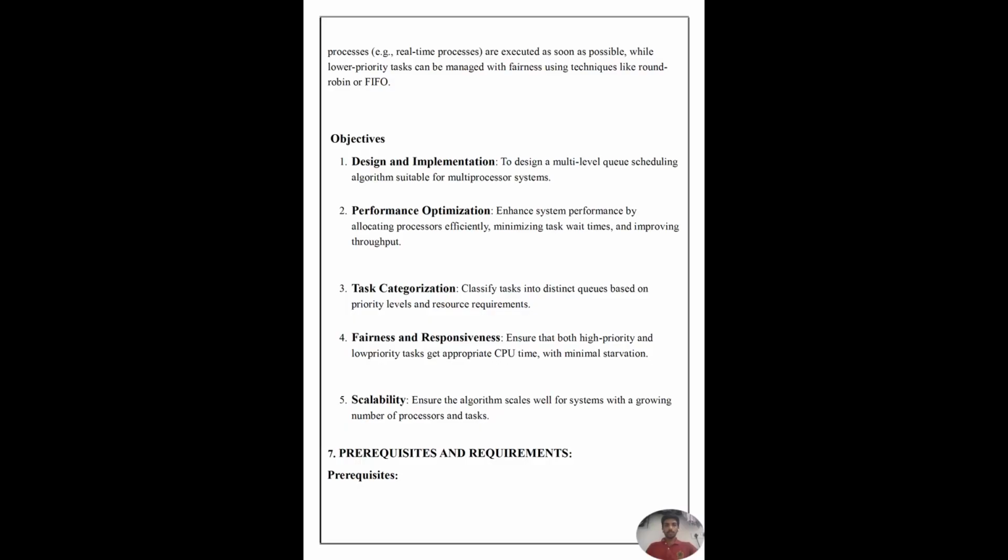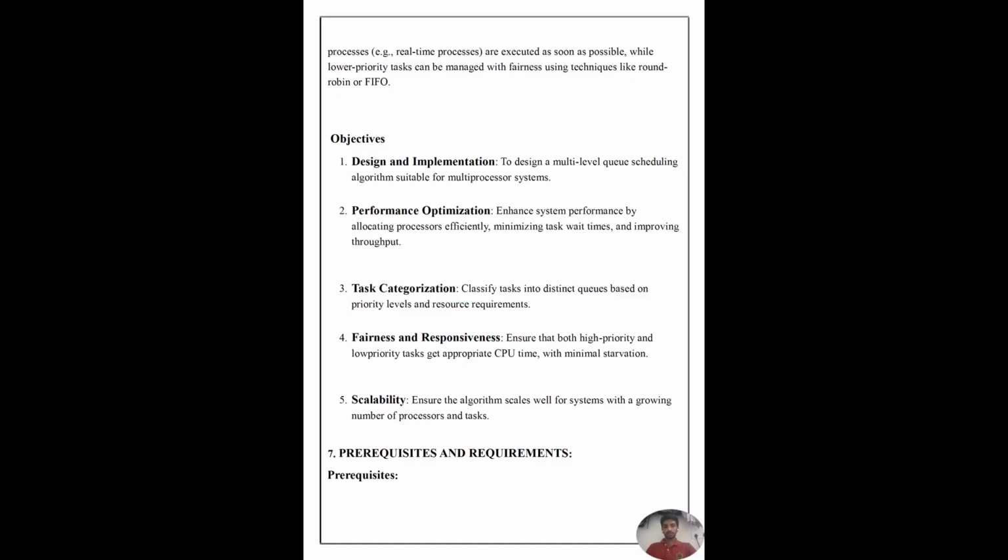Design and implementation: to design a multi-level queue scheduling algorithm suitable for multiprocessor systems. Performance optimization: enhance system performance by allocating processes efficiently, minimizing task wait times, and improving throughput. Task categorization: classify tasks into distinct queues based on priority levels and resource requirements.